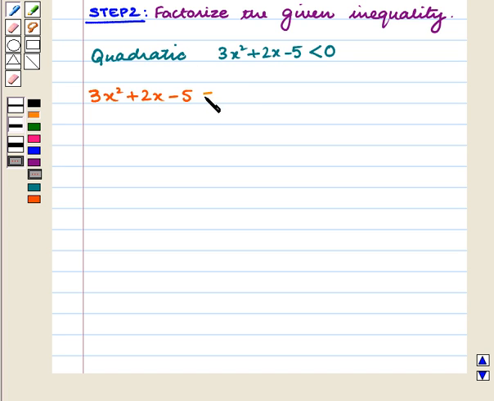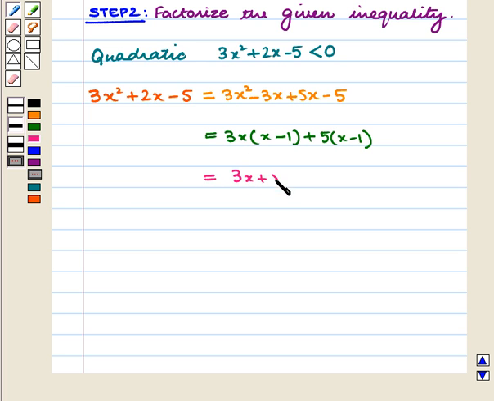This will be equal to 3x square minus 3x plus 5x minus 5, which is equal to 3x into x minus 1 plus 5 into x minus 1, which is equal to 3x plus 5 into x minus 1.